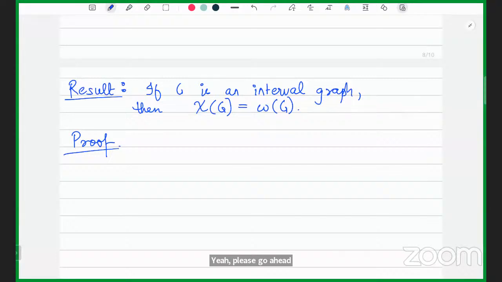Yeah. So coming back to this, recall G was an interval graph where every interval was represented by a vertex and the overlapping intervals were made adjacent in the graph. Now, I have to say that the chromatic number is exactly equal to the clique size.